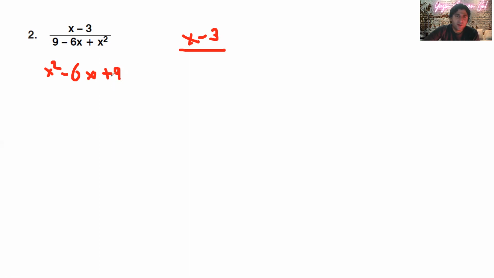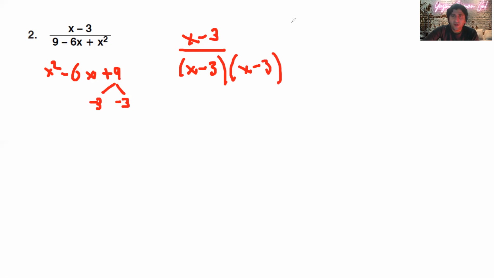And then I need to decide whether it's going to be positive 3 or negative 3, because if it's positive 3, 3 times 3 will be 9, 3 plus 3 will be positive 6. I'm looking for negative 6. Then it's going to be negative 3 and, right, negative 3. Then I'm going to write it here. It's going to be x minus 3 times x minus 3. Right.